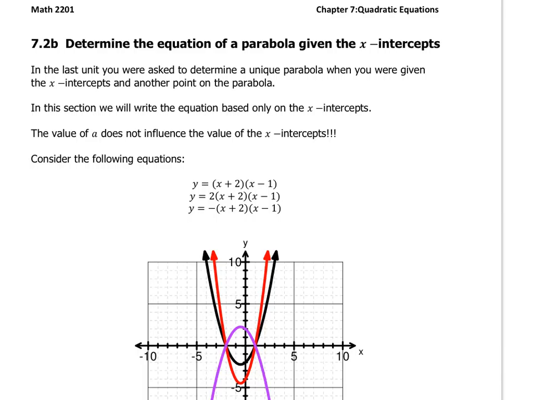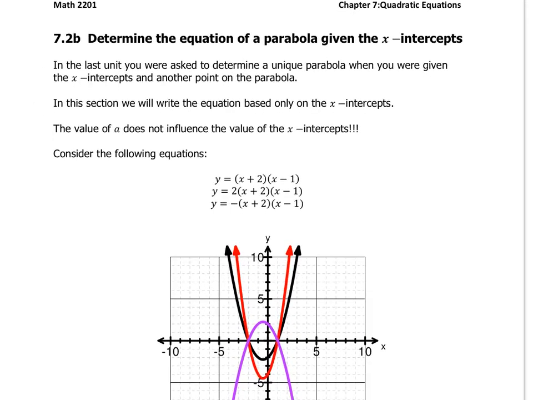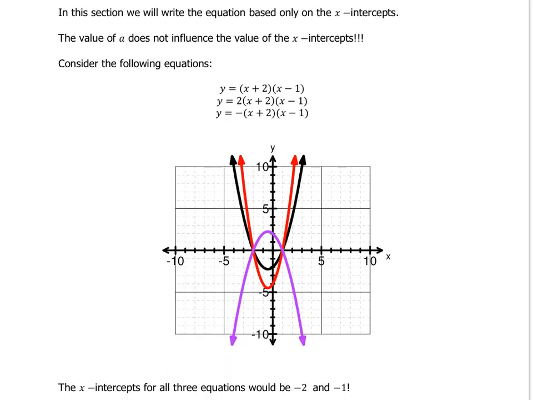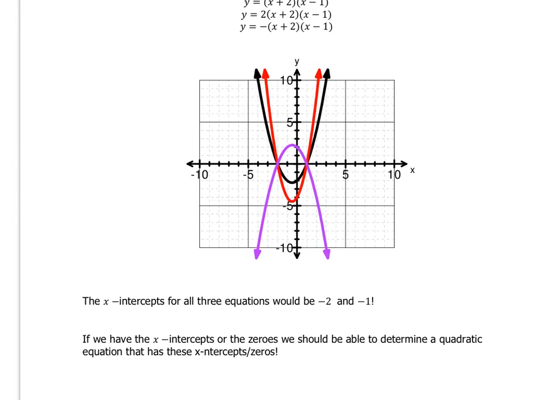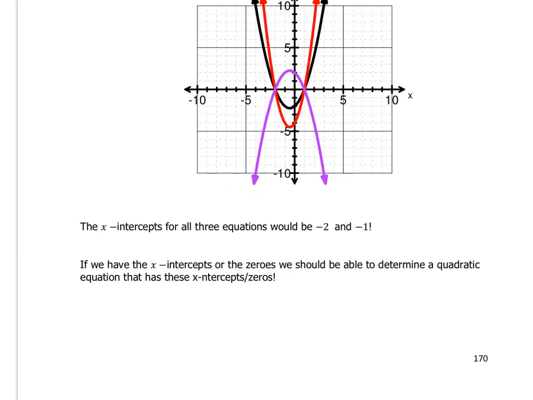So the first little part there basically compares the difference between what we did in chapter 6 and what we're going to do now. If we're only interested in the x-intercepts, there's a bunch of different answers that we could get, but we're not looking for a specific function like we did in chapter 6 where it passed through a specific point in addition to the x-intercepts.